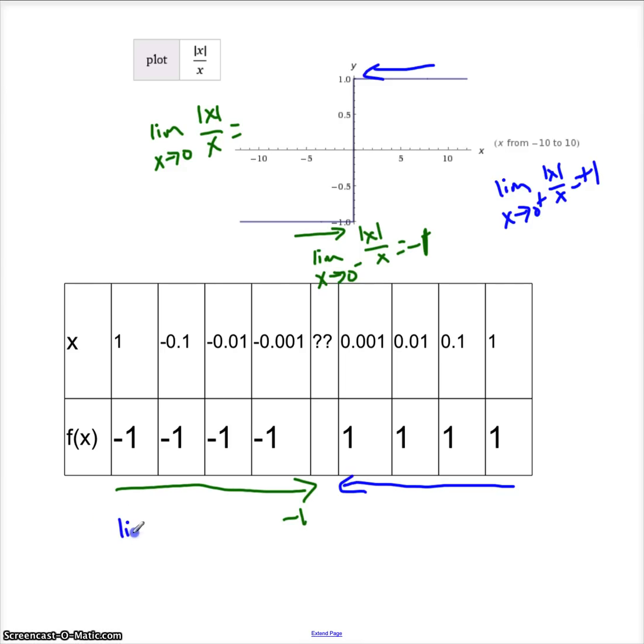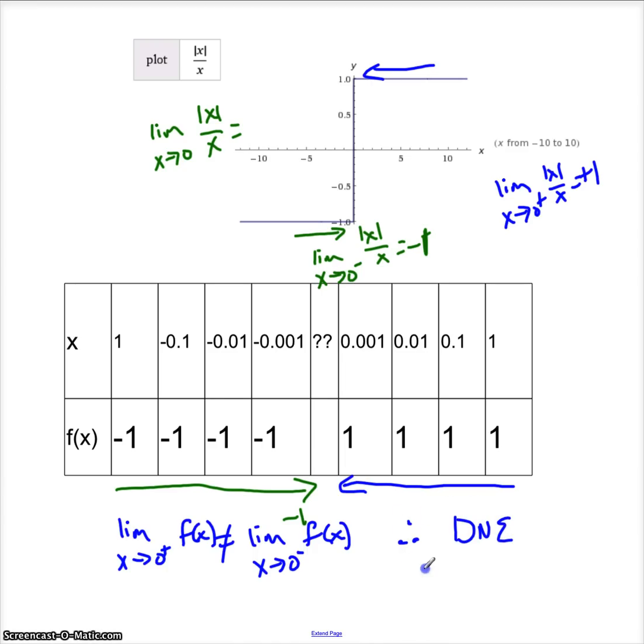You say the limit as x approaches 0 from the right of f of x does not equal the limit as x approaches 0 from the left of f of x. You could have written the absolute value of x over x. That would be fine. Therefore, the limit does not exist.